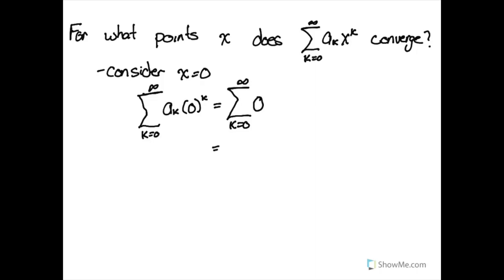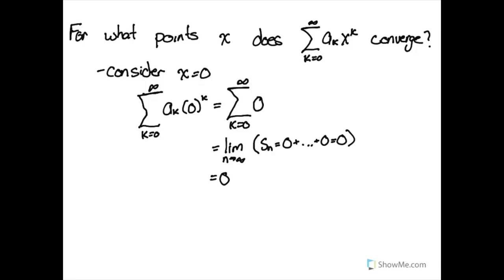If you want to be more formal, you can also say this is equal to the limit as n goes to infinity of the partial sums, S_n, which in this case is just 0 plus 0, which is equal to 0. So the limit of 0 as n approaches infinity is just 0.